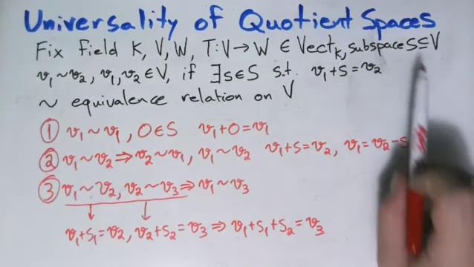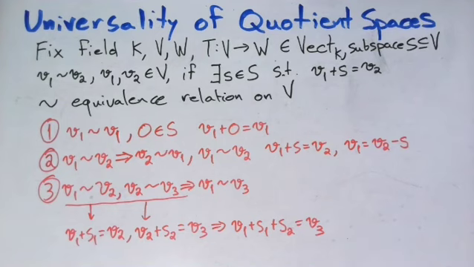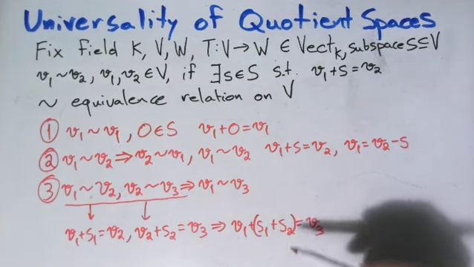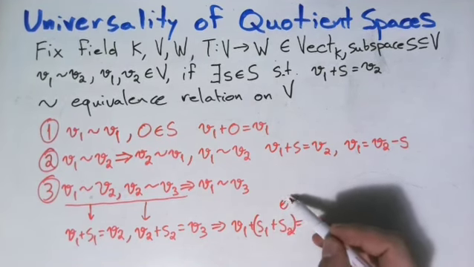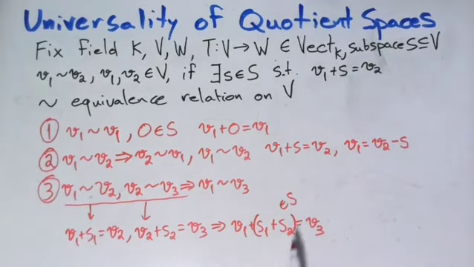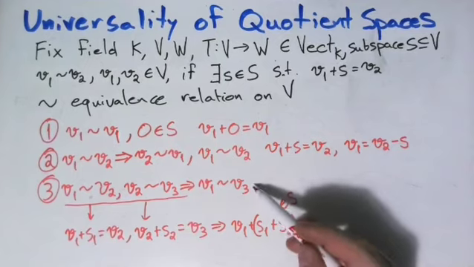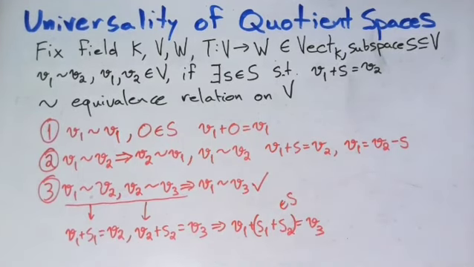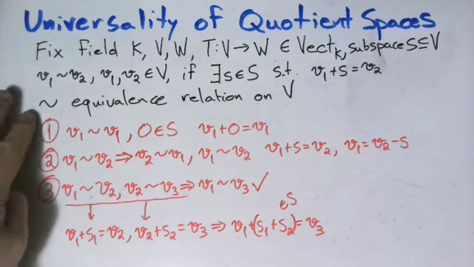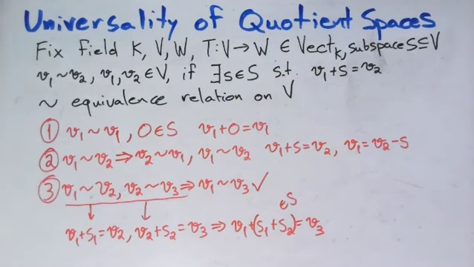But again, we can appeal to the fact that S is a subspace. So s1 plus s2 has to be in S, and so we're adding something in S to get from v1 to v3, and so we're good. We have that v1 is related to v3 by tilde, and we have that tilde is actually an equivalence relation on V.